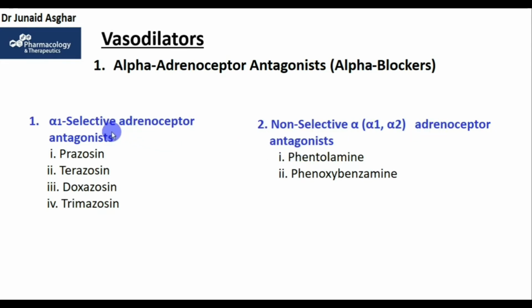The selective drugs include prazosin, terazosin, doxazosin, and trimazosin, whereas phentolamine and phenoxybenzamine are the non-selective alpha-1, alpha-2 adrenoceptor antagonists or blockers. Both alpha-1 and alpha-2 receptors are widely distributed in the blood vessel smooth muscles.